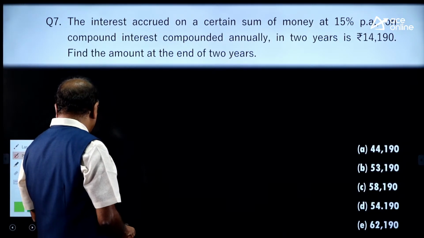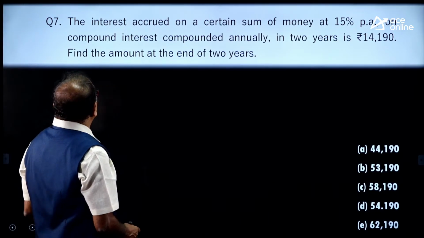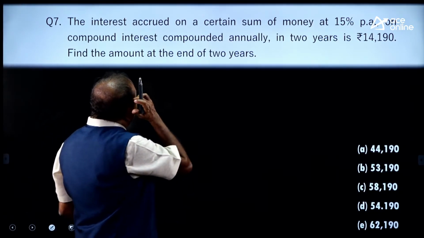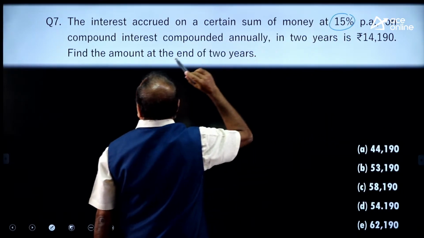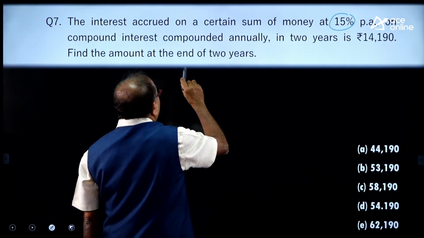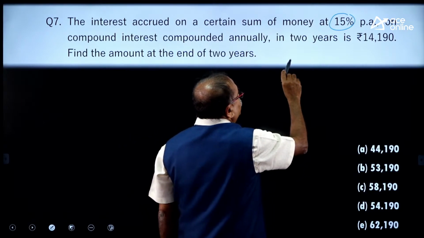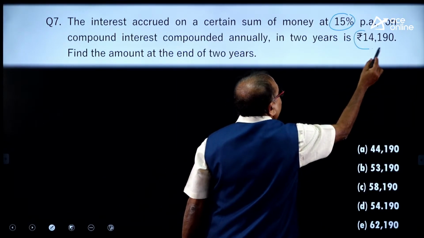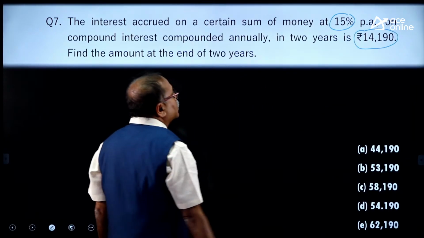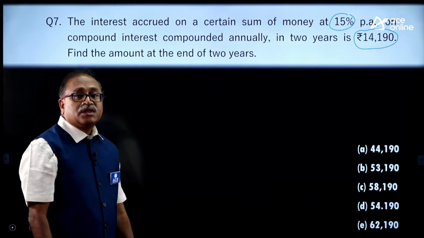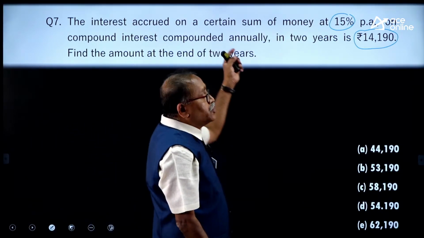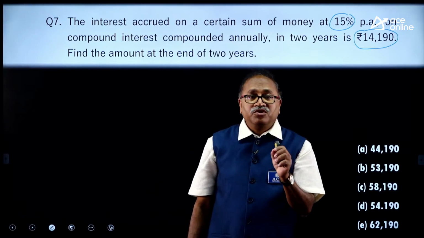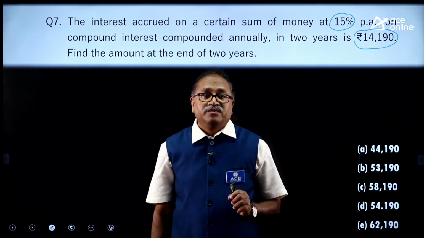What is this question, my friends? The interest acquired on a certain sum of money at 15% per annum compound interest compounded annually in 2 years is 14,190. I know if the rate of interest is 15%, the compound interest for 2 years will be 32.25%.